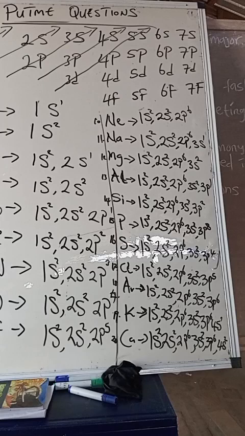So this is how to write the electronic configuration for the first 20 elements.